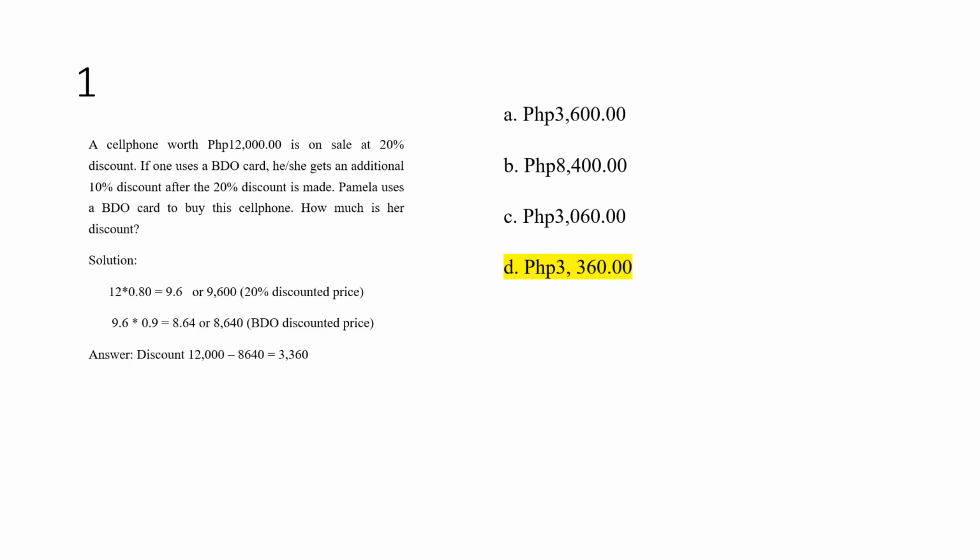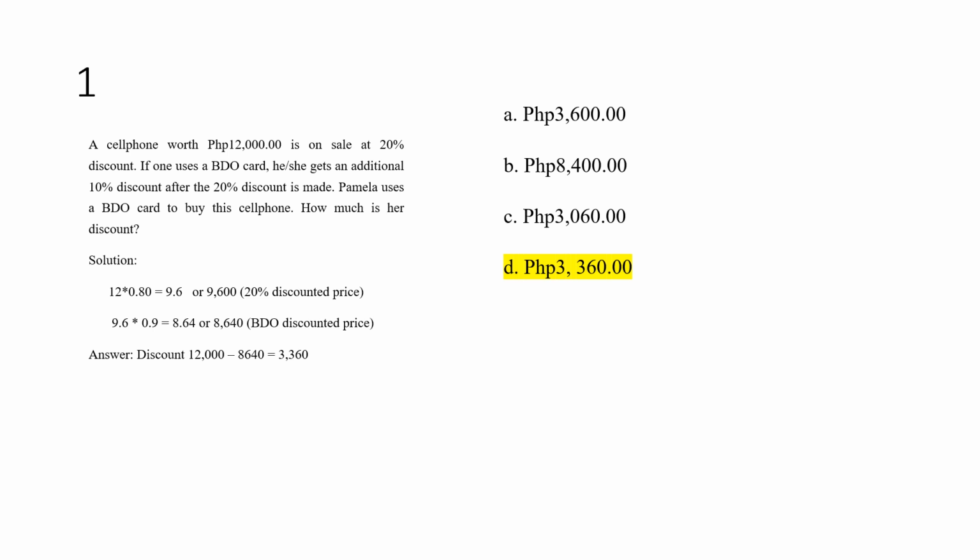For number 1, we have to account for the final discount of a 12,000 cell phone discounted first at 20%, then an additional 10% after the 20% discount. So we will look for the discounted price at 20%. That will be 12 times 0.8 or 9.6.